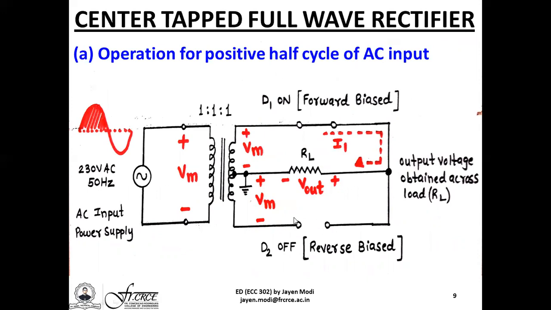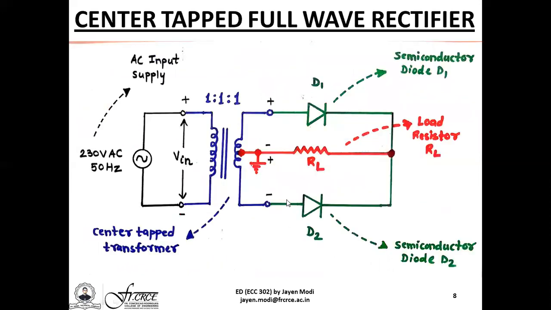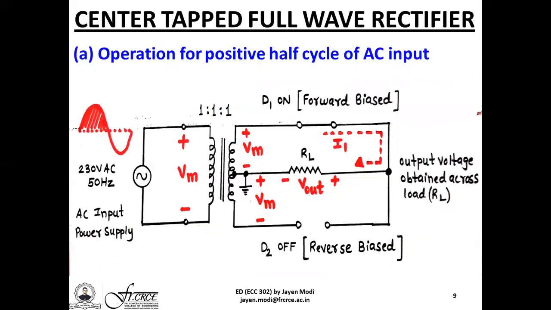So here, if you look at diode D2, the voltage across diode D2 is actually plus minus Vm and plus minus Vm, because if I just go back to the previous slide, for D2, the left hand side is the anode, the right hand side is the cathode. So this means that you have a negative potential at the anode and a positive potential at the cathode. Since these two voltages are in series, they will add up. So you have plus minus Vm, plus minus Vm. The answer will be twice Vm.